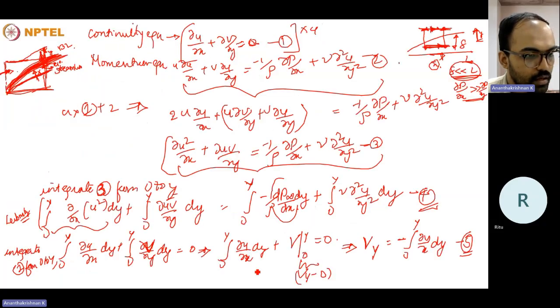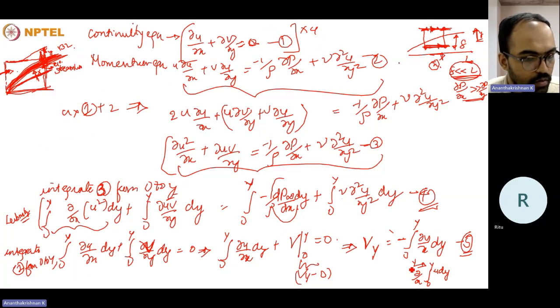From this one, it will be minus of dy minus of dou by dou x of u dou u by dou y. So just like the previous case, this will be integral of the derivative. So the final form will become dou by dou x of integral of 0 to y u dy at top minus is there.